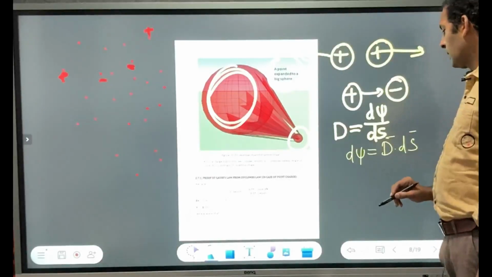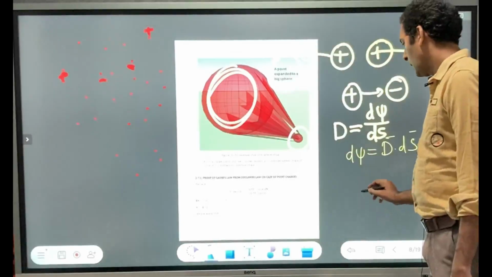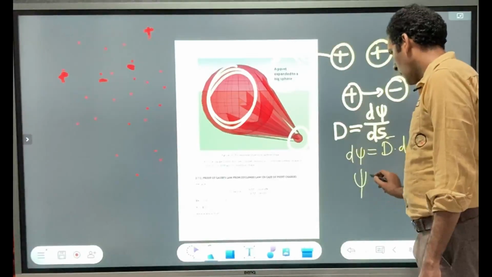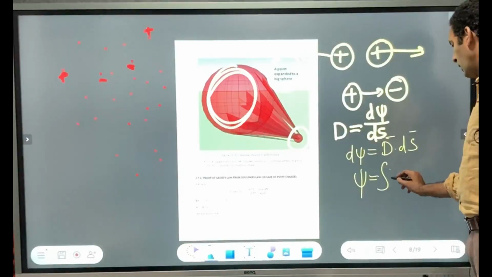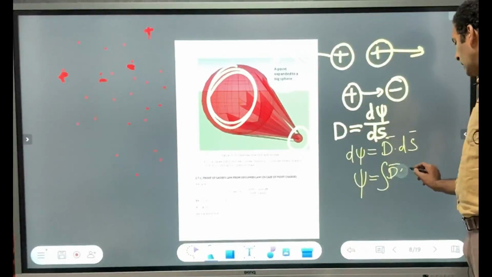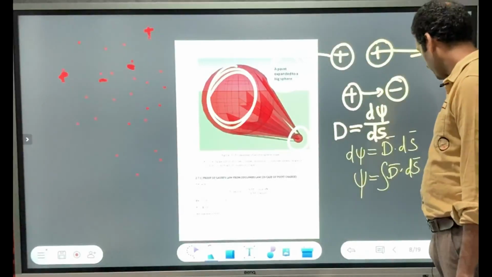D and ds are both vectors, and from here we can say psi is equal to the integral of D bar dot ds bar.